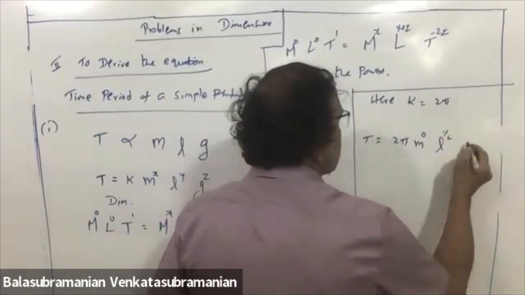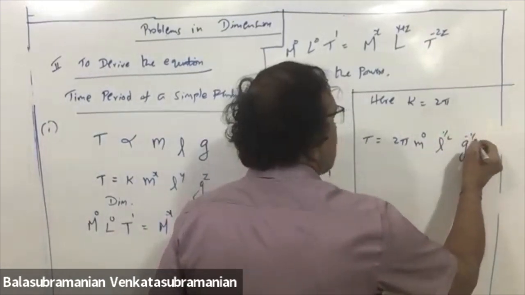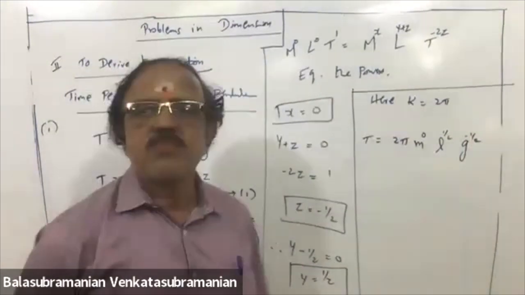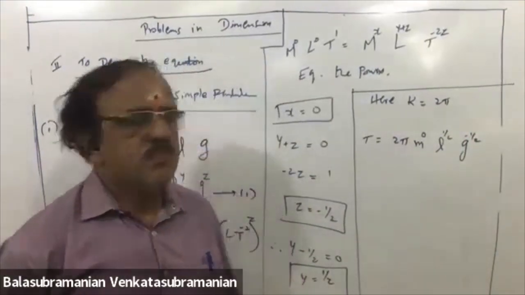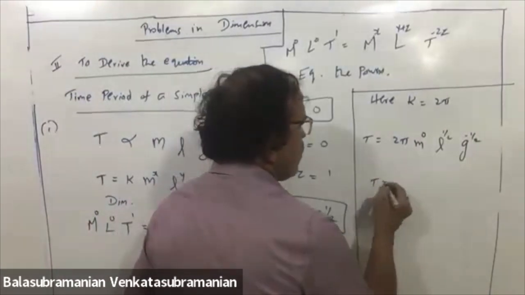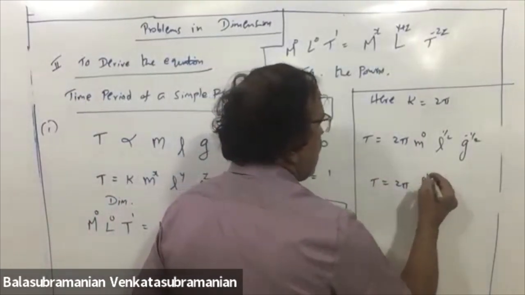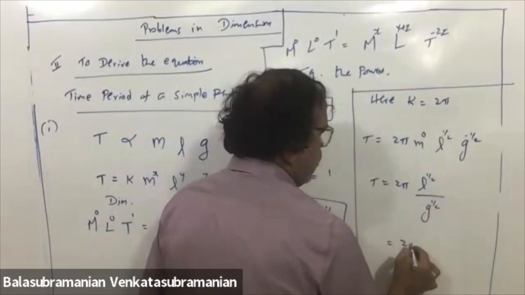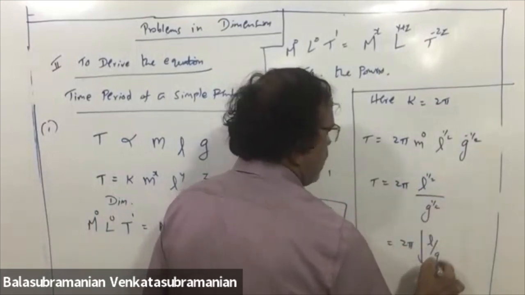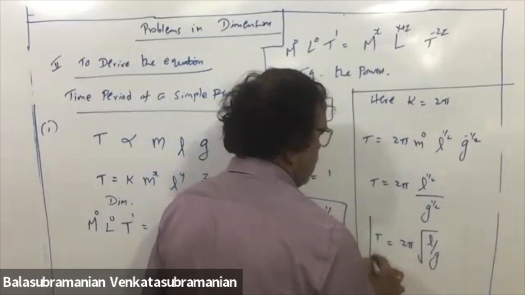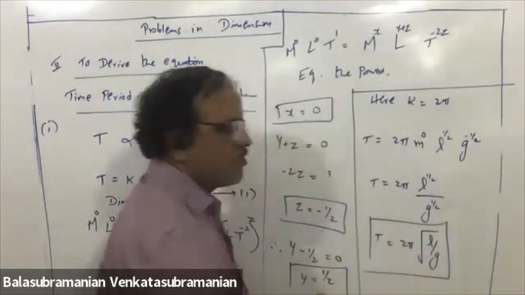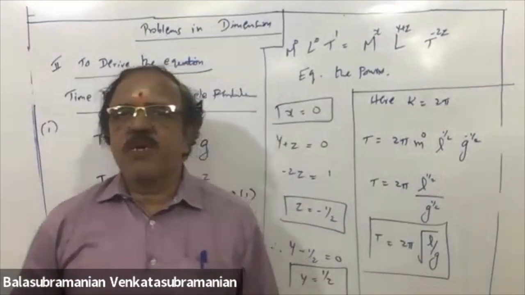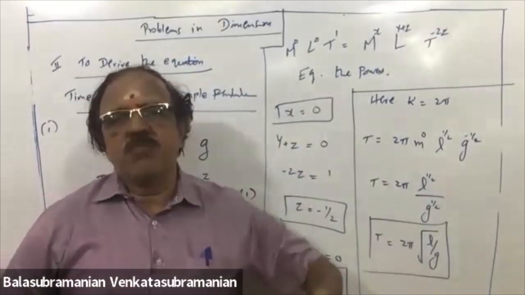G power z, G power minus half. So T is equal to 2 pi L power half by G power half, 2 pi root of L. This is the time period equation for a simple pendulum.